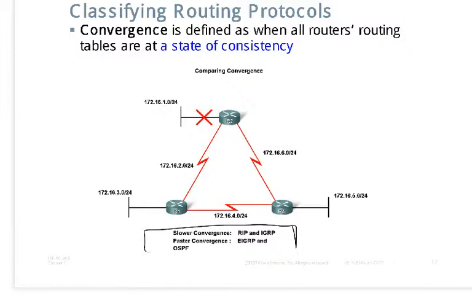This is important here. Usually distance vector routing protocols suffer from slower convergence compared to link state. Although, as we have discussed, in link state each router will have a global view, whereas in distance vector each router has an incomplete view of the topology.